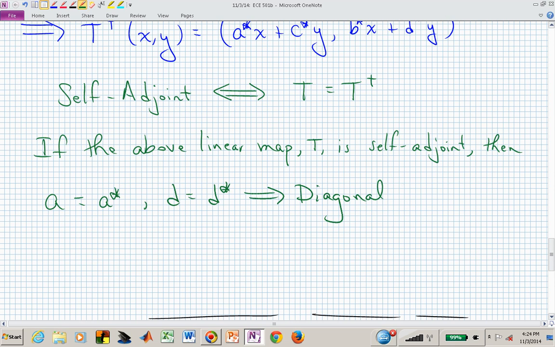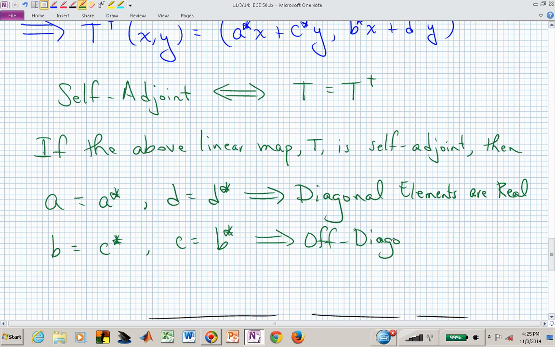The diagonal elements are real. We also, by comparing elements in those matrices, found that the off-diagonal elements are complex conjugates of each other.